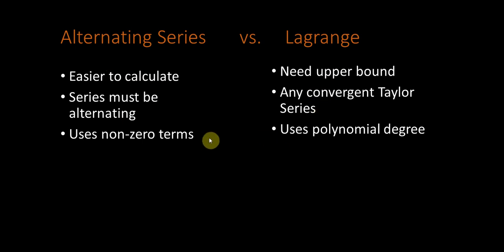And then finally, another big distinction is that the Lagrange error bound uses the degree of the polynomial, not the number of terms necessarily. Sometimes we get caught up because we equate the number of terms with the number of non-zero terms, but with the Lagrange error bound, you really have to think about it in terms of the degree of the polynomial.